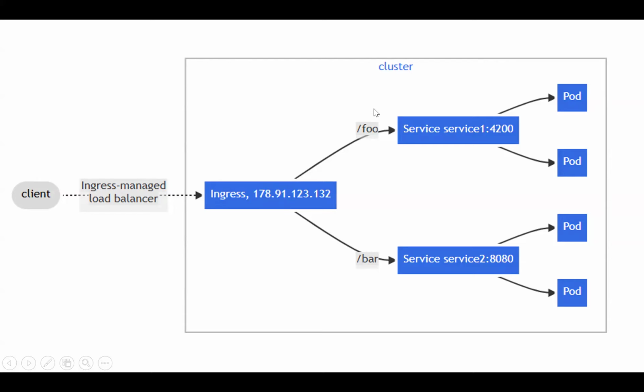Suppose these are two different types of services, one for foo and one for bar. If the request is for foo, it will be sent to this service file, and this service file sends the request to the pods. If it is for bar, the service comes here. Because in a website you have multiple services, right?